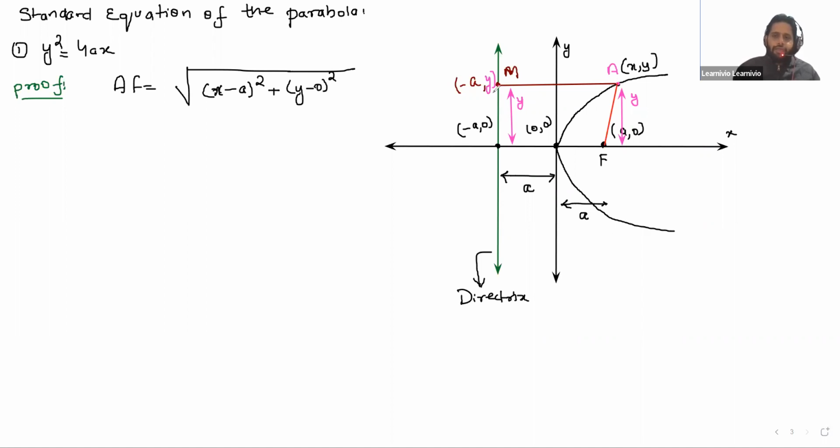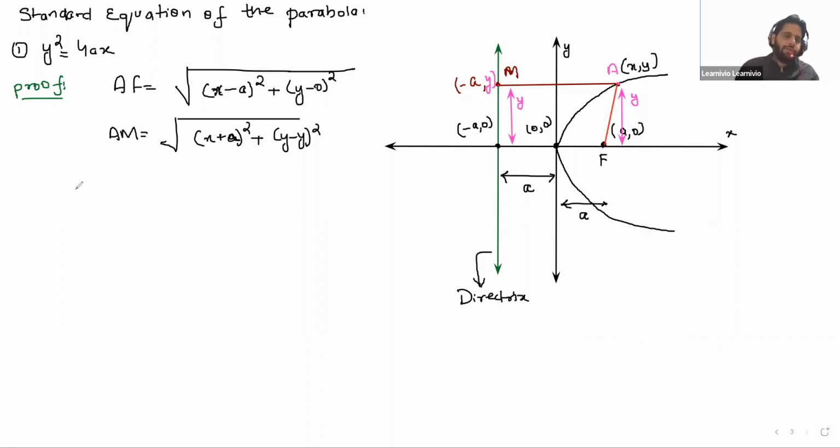Now, if we calculate AM, AM is under root of x plus a whole square plus y minus y whole square. As per the definition of parabola, AF and AM should be equal. What is a parabola? It is a set of all the points which are equidistant from a fixed point and a fixed line. So this is the distance from the fixed line, and this is the distance from the fixed point.